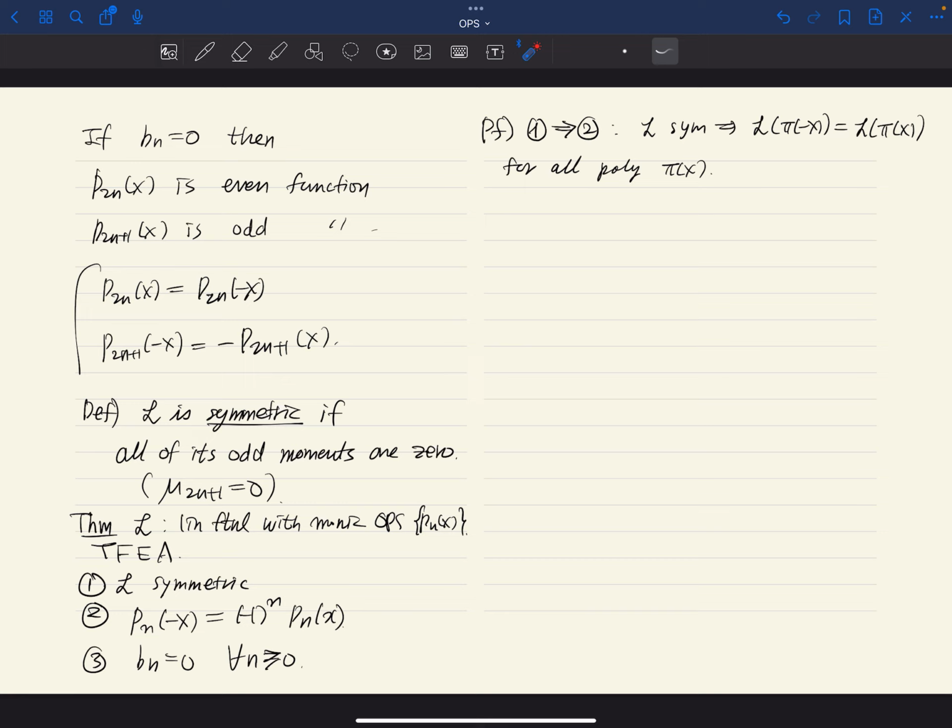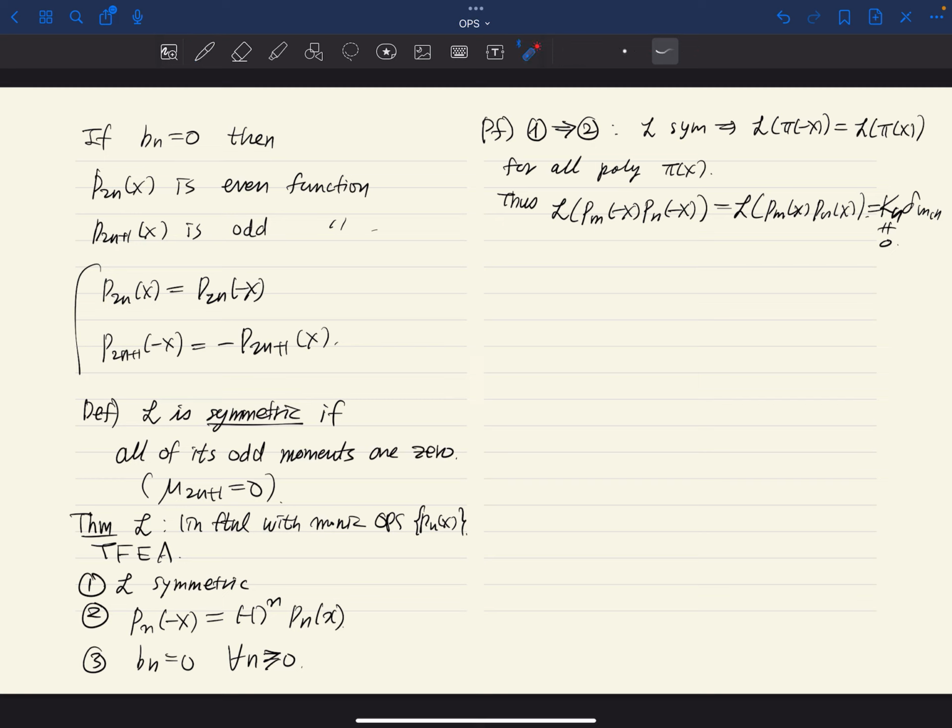Okay, so therefore we have P_m(−x), P_n(−x). It doesn't really matter if you use minus x or x, so it's the same thing as P_m(x), P_n(x), right? But what is this? This is k_n δ_mn. k_n is non-zero.